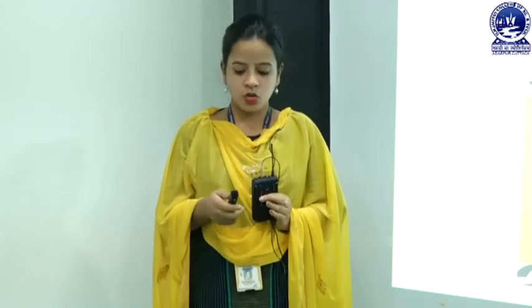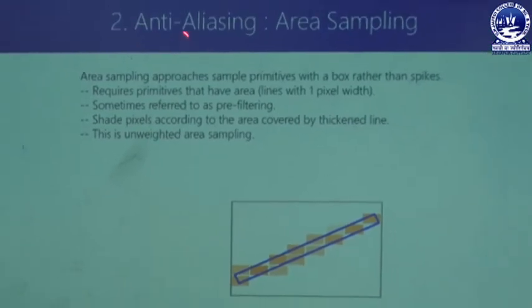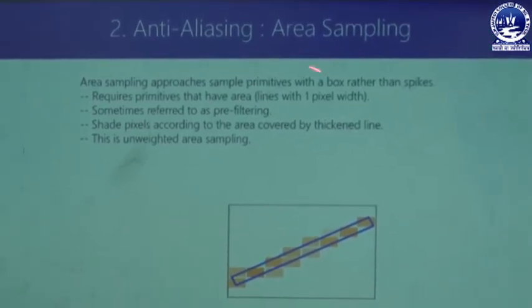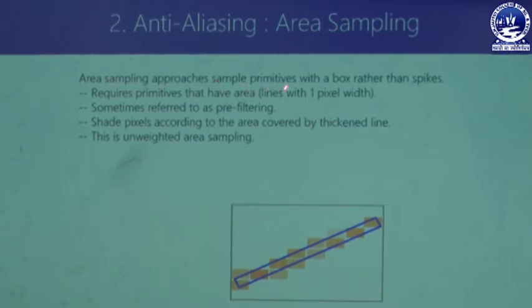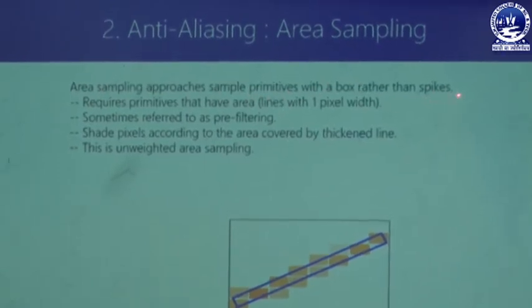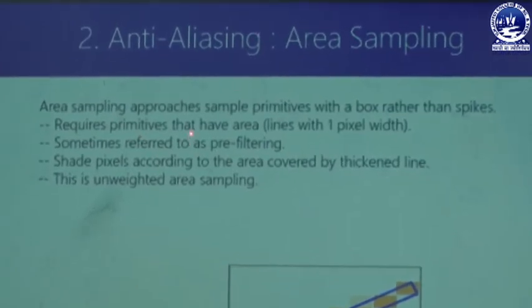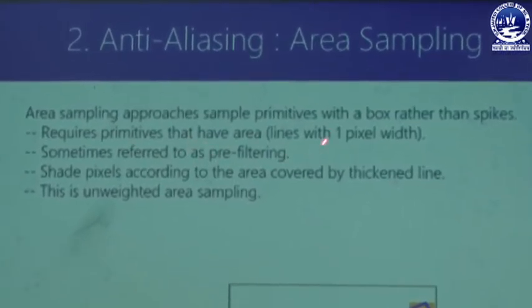That's the first rule. Then the second concept is anti-aliasing by using area sampling. That means the area sampling approach is simple: a primitive with a box rather than a sphere. It requires a primitive that has area, lines with 1 pixel width, and it is sometimes referred to as pre-filtering.